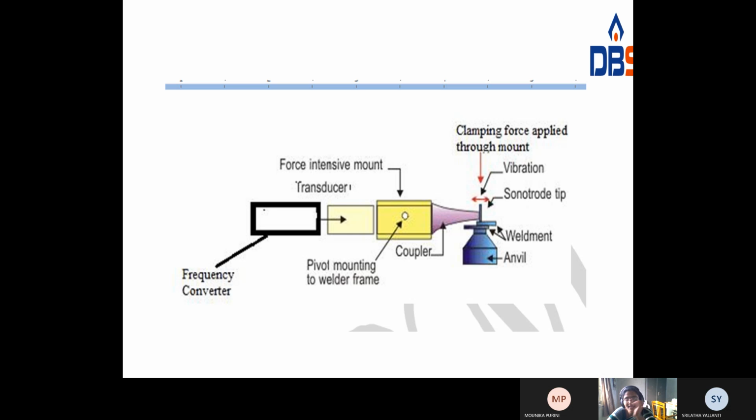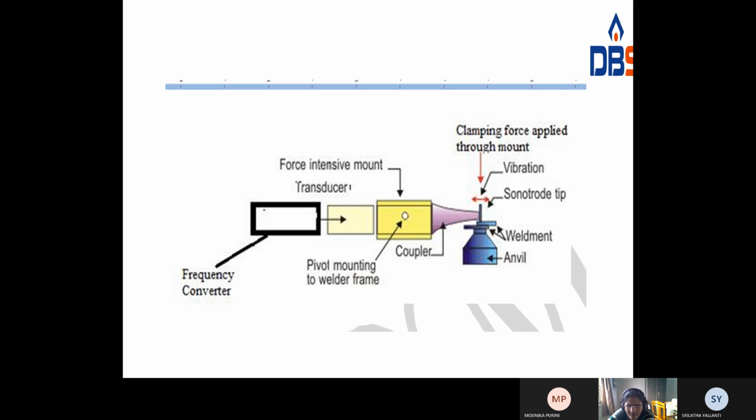This is the arrangement of ultrasonic welding. This is the frequency converter, which converts the 50 cycle frequency into high frequency. This is given to the transducer, which converts this high frequency energy into vibrating energy. That is given to the coupler.